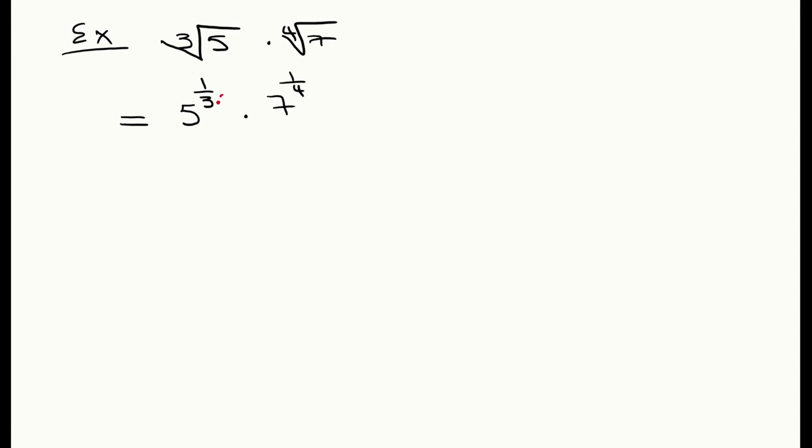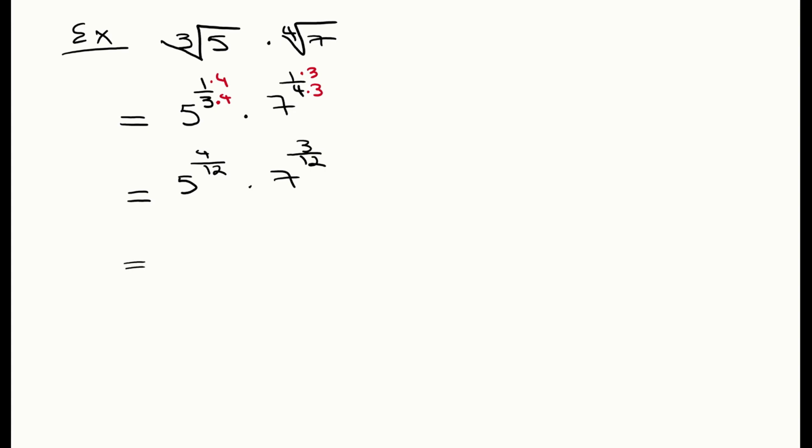So I'm going to multiply this one by 4, which means I have to do the same on the top. I'm going to multiply this one by 3, which means I do the same on the top, correct? So now I basically have 5 to the 4/12 times 7 to the 3/12, right?